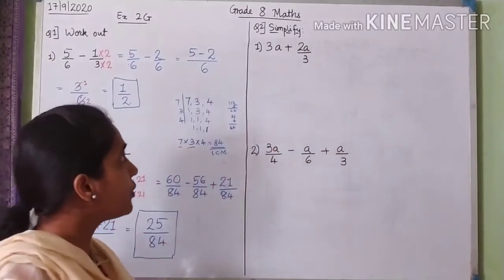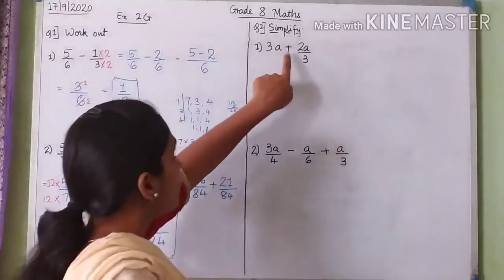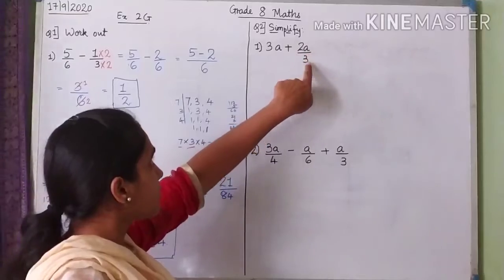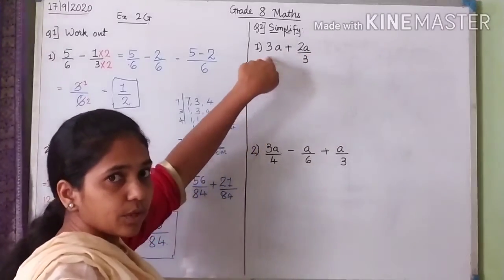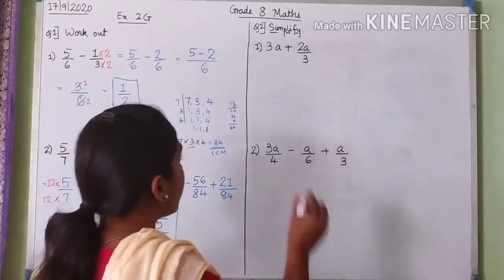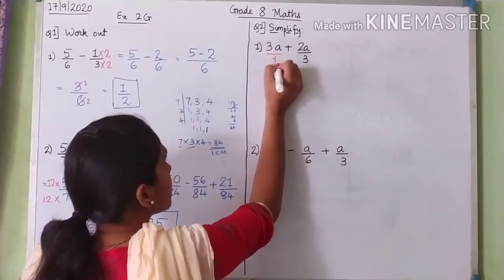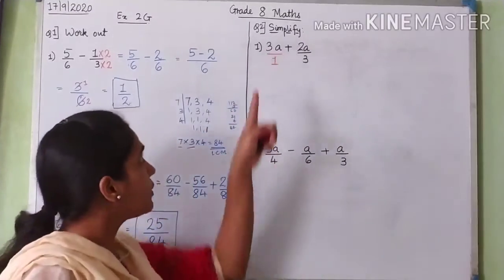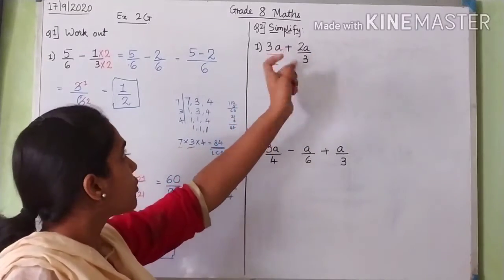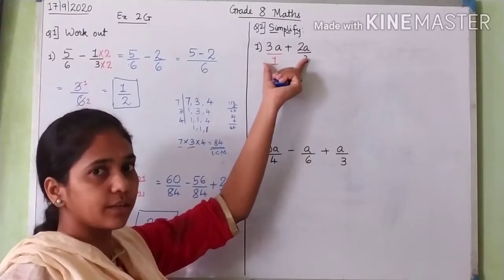So how do we do this? Here you can see 3a plus 2a by 3. You would say this is a fraction, but 3a is not a fraction because it does not have a denominator. But if there is no denominator, that means the denominator is 1. So now this has also become a fraction. First we need to make their denominators equal.